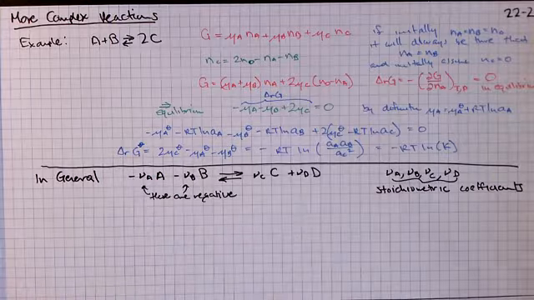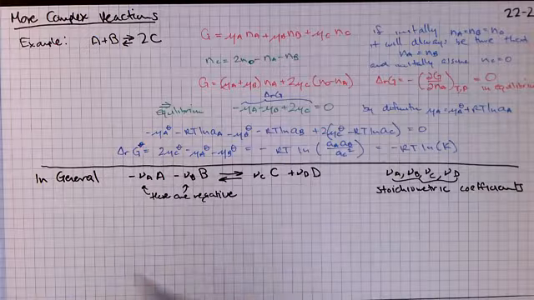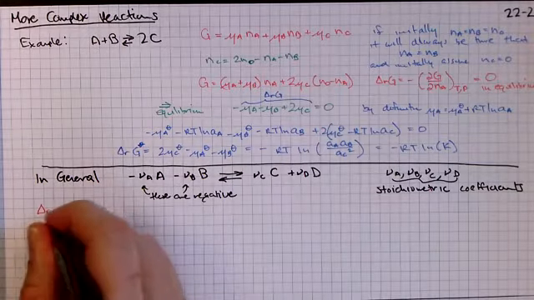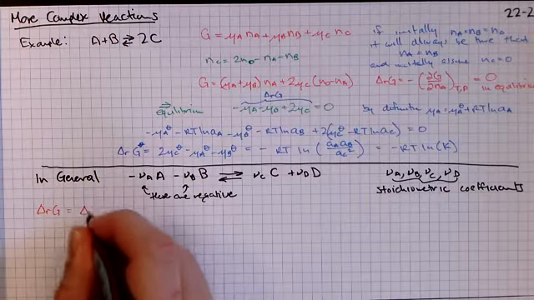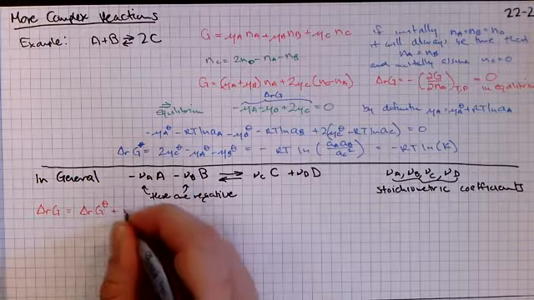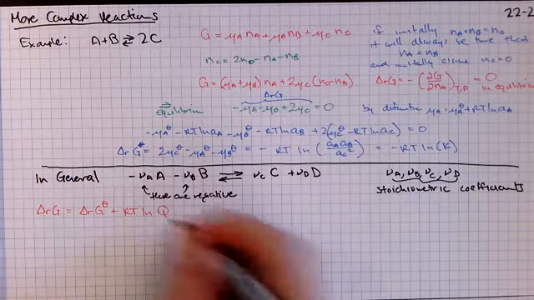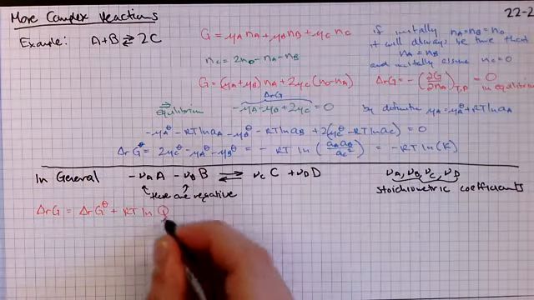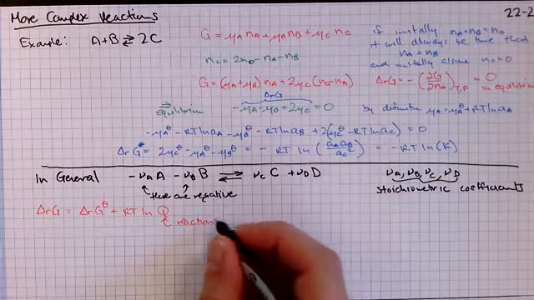So if we were to analyze an equation like this, we could also get an expression for our delta RG, and that's going to be just like we did before. We're going to get delta RG theta plus RT natural log of, now we're going to call it Q. Q is our reaction quotient.